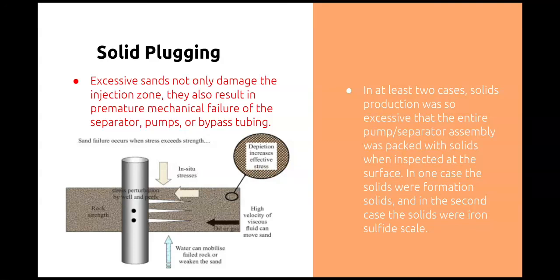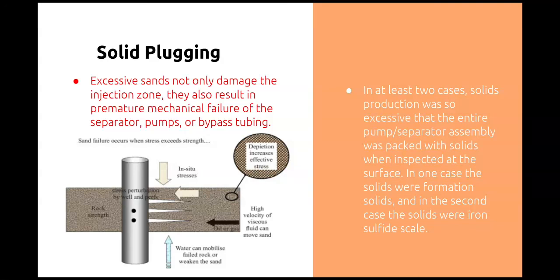As the diagram below shows, depletion increases effective stress. High velocity of viscous fluid can move sand. Hence, when the sand moves in the formation, it can cause damage to the equipment.